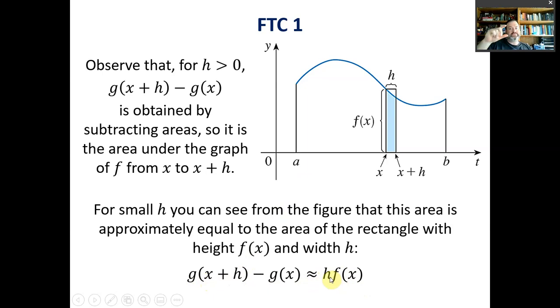H is the width, because it's on its side, and then f of x is the height. So here's f of x, and here's our rectangle. H times f of x is this area. So this area is this rectangle, and it's also the difference of g of x plus h and g of x. So g of x plus h is everything from here to here, and g of x is everything from here to here.